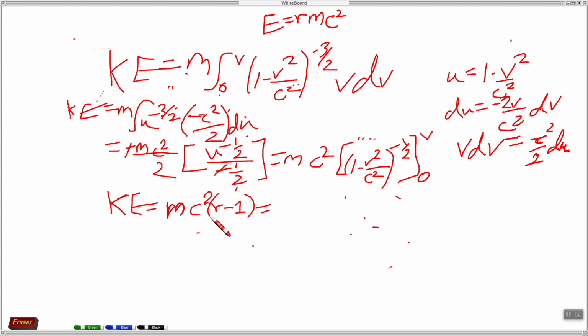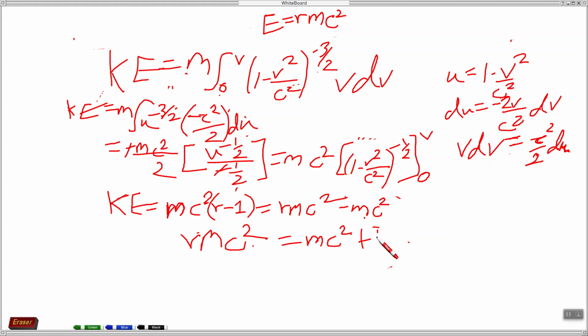And let's do some distribution, so that's gamma mc squared minus mc squared. And because of that, we're going to do some rearranging. We're going to bring this to the other side, so that becomes gamma mc squared equals mc squared plus KE.